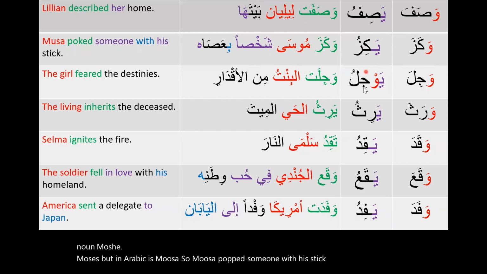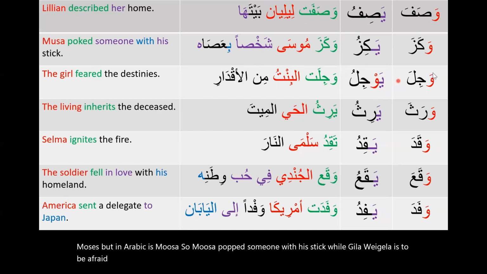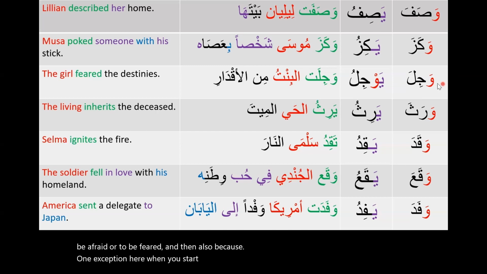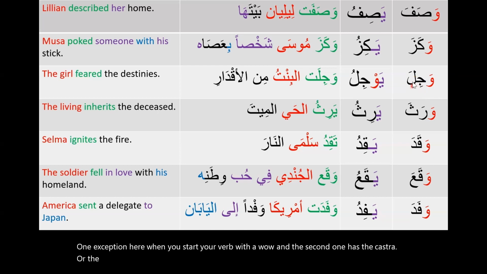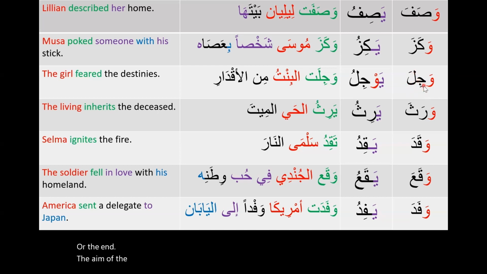Wajila is to be afraid. Here is one exception: when you start your verb with a waw, and the second letter of the verb has the kasra, which in this case is the jim, we keep the waw.